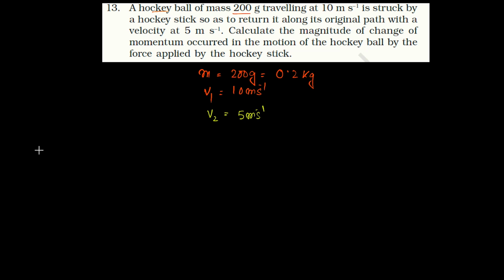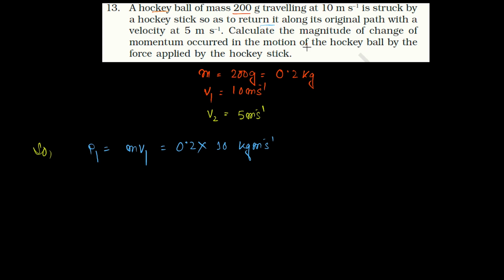P1 is going to be m v1, which is 0.2 into 10 kg meter per second. By the way, one thing I forgot to tell is what 'return' means.